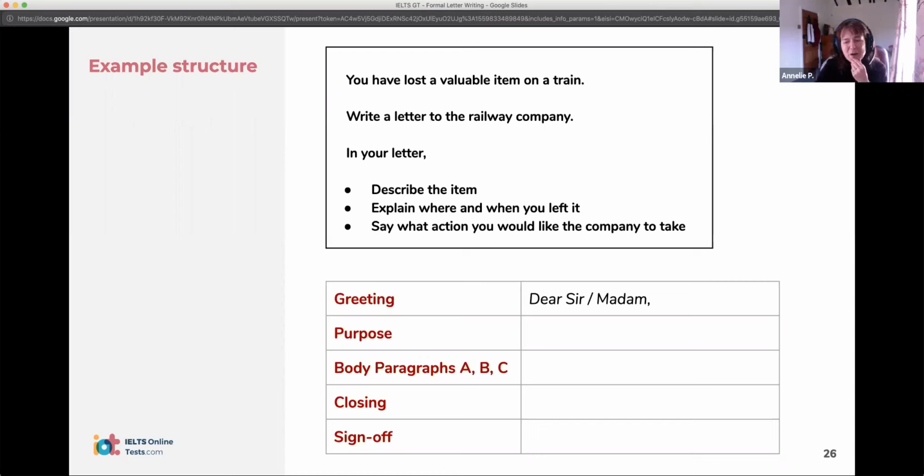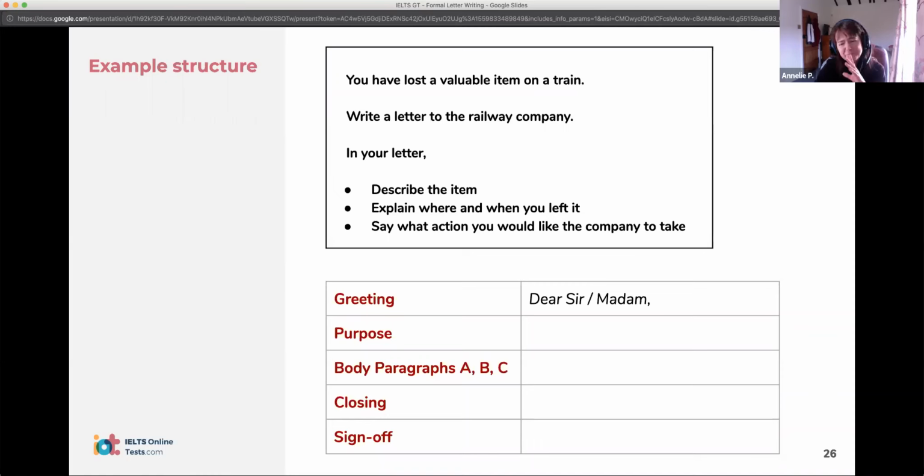I wouldn't say to whom it may concern. It's a bit old fashioned and it's not really the right situation for that. This is for a formal letter. If you're writing to a friend, obviously you know the name of the friend and you're going to say, dear Susan or something like that.